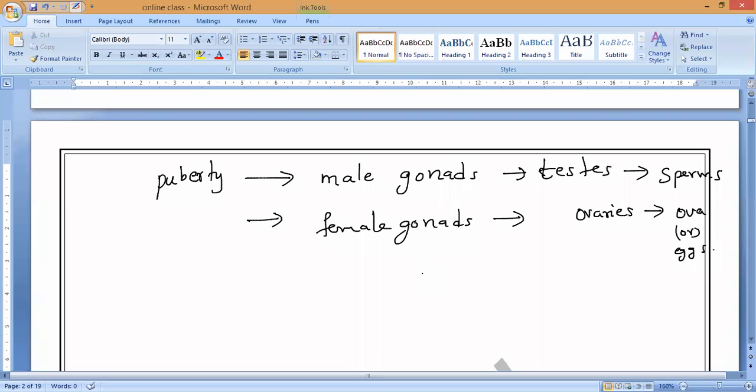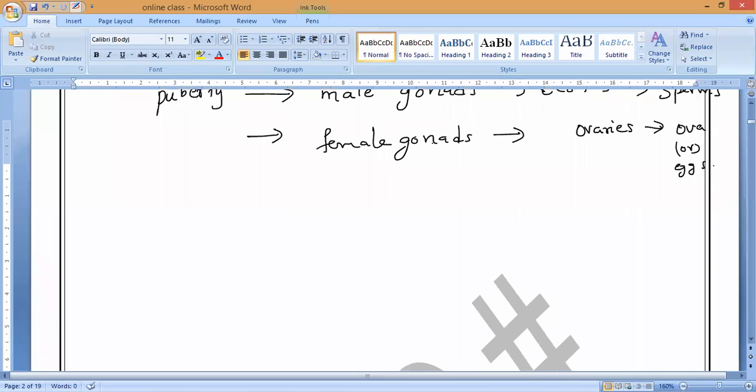Now notice that along with these sex cells, sperms and eggs, the gonads will secrete sex hormones with the onset of puberty. That is very important. Basically the testes, the male gonads, produce sperms, yes?